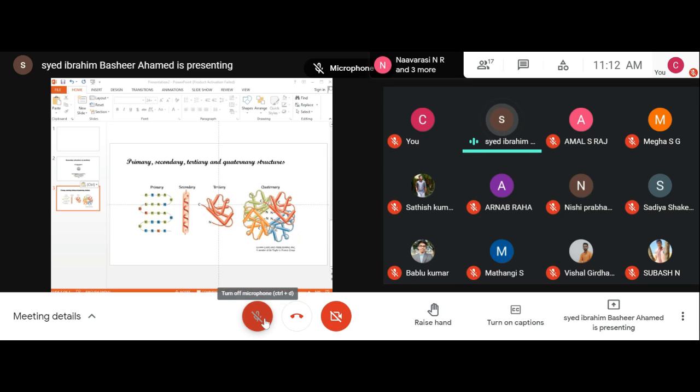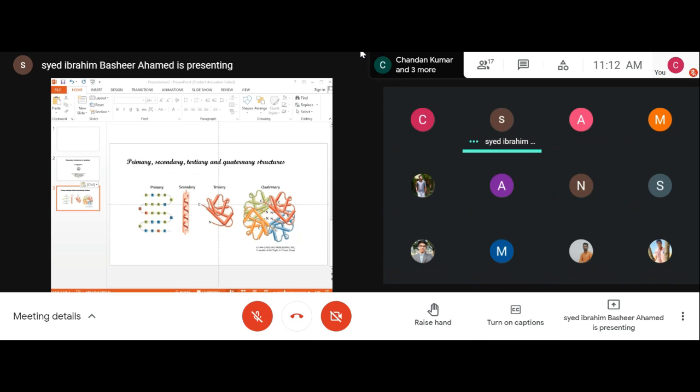Okay, somewhat, but it is not a hydrophobic amino acid. Come on, any other amino acid? Sir, aromatic amino acids like phenylalanine and tryptophan. Very good. So phenylalanine and tryptophan do have hydrophobic side chains.